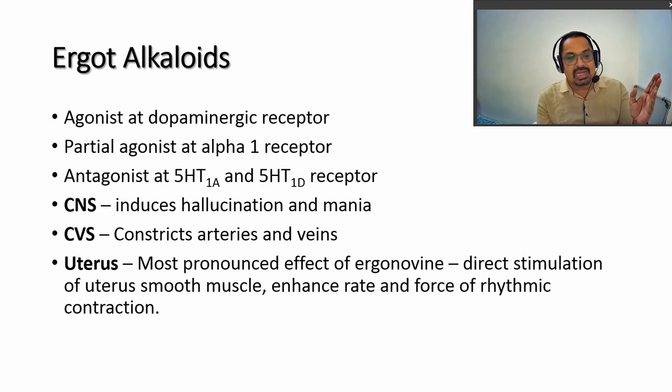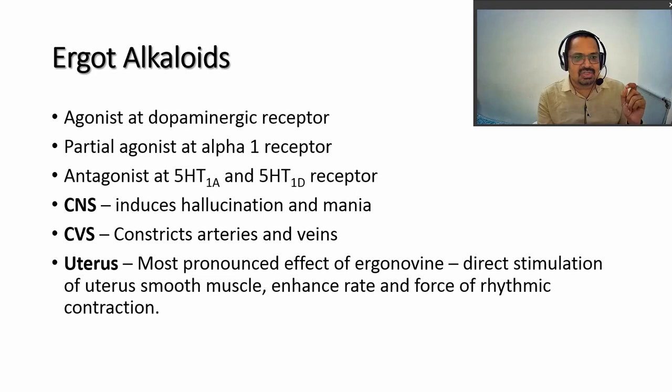Definitely they are antagonists of serotonin, but they are agonists at the dopaminergic receptor and partial agonists at the alpha receptor. So ergot alkaloids have a mixed action: agonist at the dopaminergic, partial agonist at the alpha, and antagonist at the serotoninergic receptor, specifically the 1A and 1D receptors.